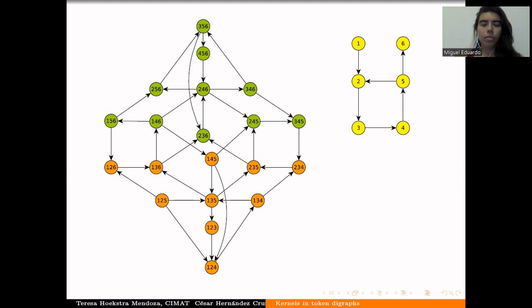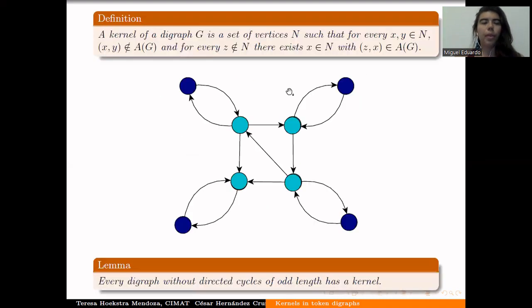And I also need to define what is a kernel. A kernel of a digraph G is a set of vertices N which is both independent and absorbent. Independent means that there are no edges between vertices of the set N, and absorbent means that for every vertex C outside of the set, there exists a vertex X inside the set such that CX is an arrow in G. And this would be an example of a kernel.